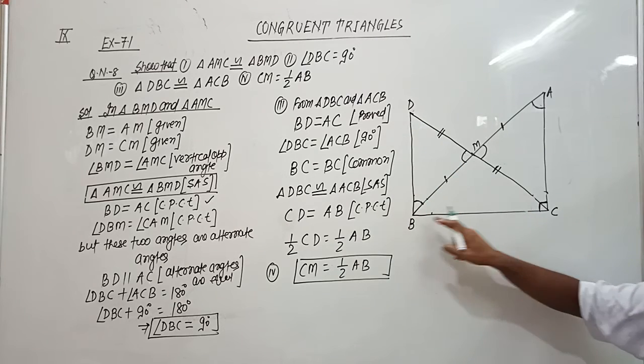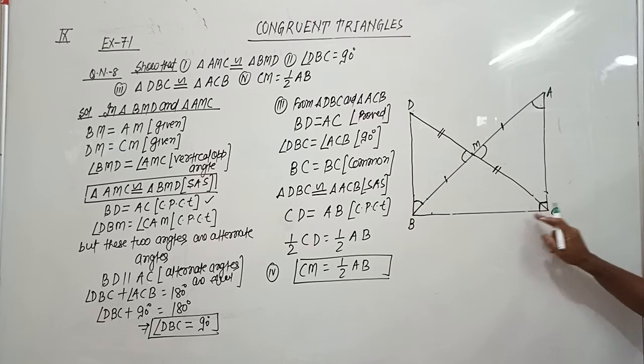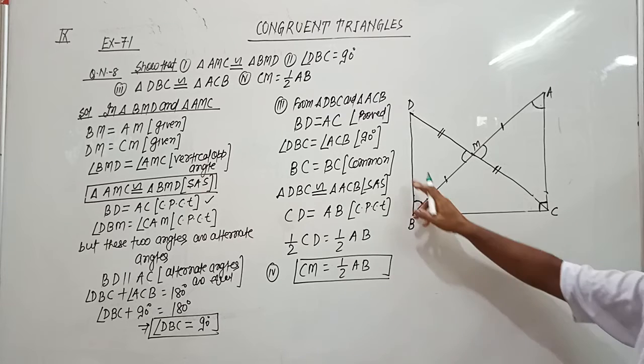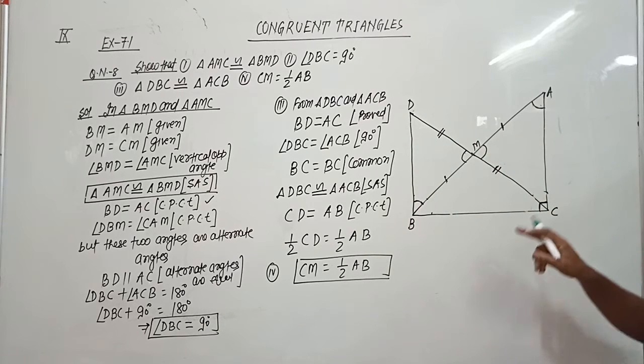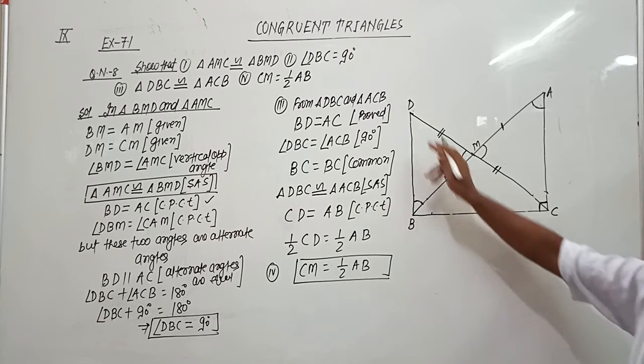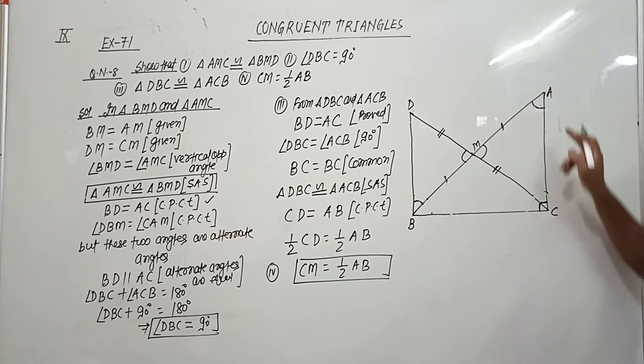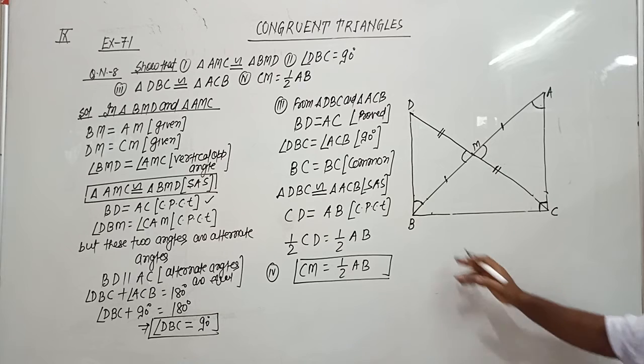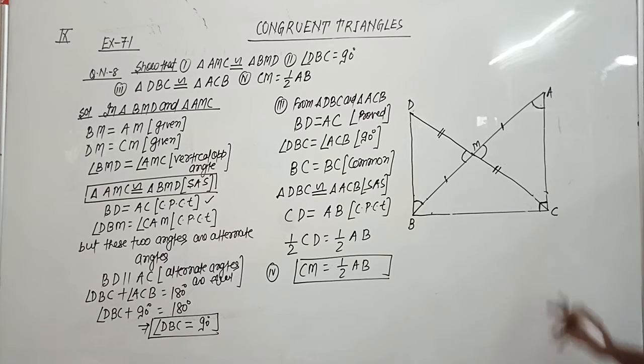So from triangle DBC and triangle ACB, BD equals AC, already proved by CPCT. And also angle DBC equals angle ACB, which is 90 degrees, just proved. And BC is the common side for both the triangles. Therefore these two triangles are congruent.